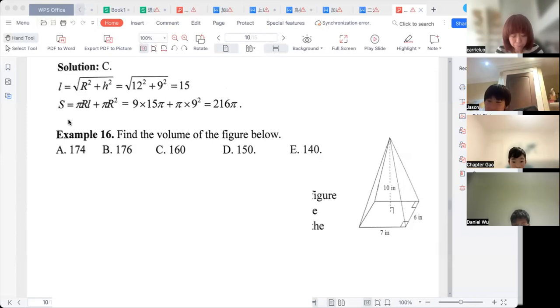Wait. This is a rectangular pyramid. Right? Yeah. So it's ABC times 1/3. Right? I don't know. I think so. Okay, I'm gonna hope this is right.